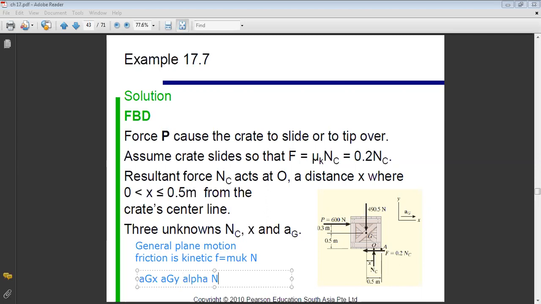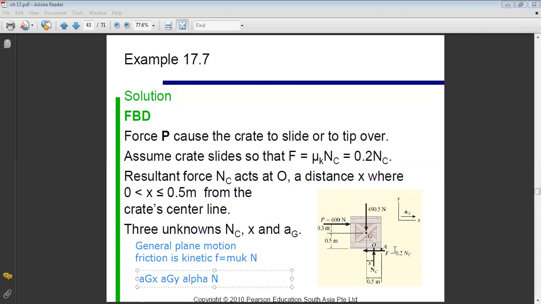How can I get a kinematic equation here? Who can tell me? I cannot use that the Ag vector is alpha times r. You can use all the relative acceleration equations from the chapter.